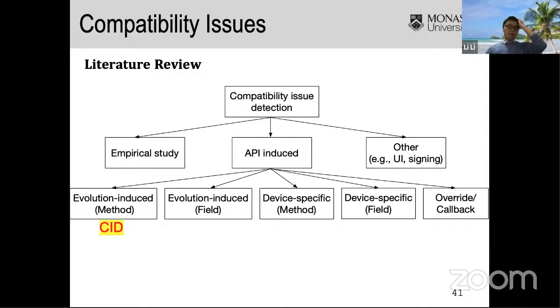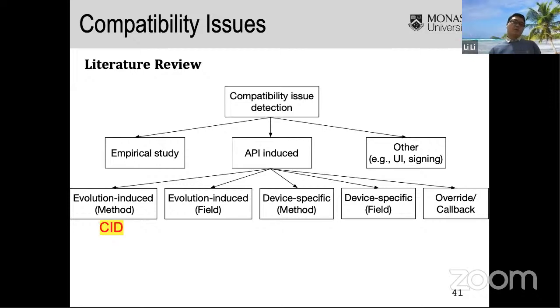Our review found that at least for the API-induced compatibility issues, there are at least 5 types of issues, including the evolution-induced, as well as the device-specific because of the customizations done by different Android manufacturers. Let's say Samsung might customize their official Android framework to align with its own features. So it will also introduce compatibility issues there.